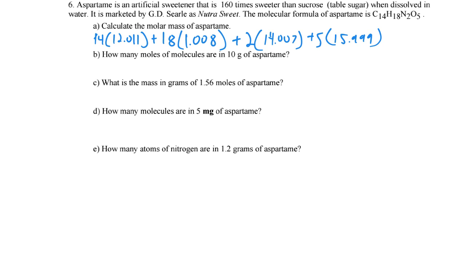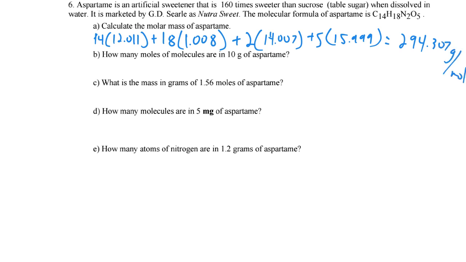All right, if we plug all of that in, we will get the molar mass of aspartame here. I'm going to do it in my own calculator. We'll see if we get the same answer. And I got 294.307 grams per mole for aspartame.